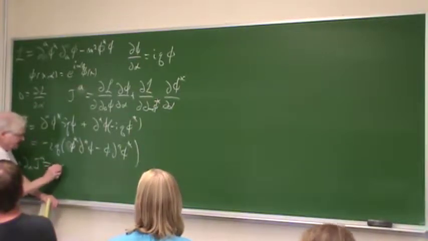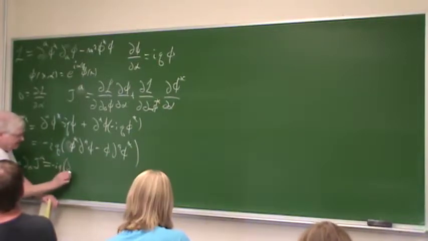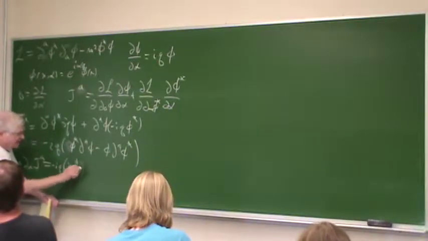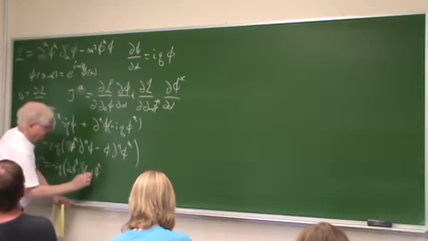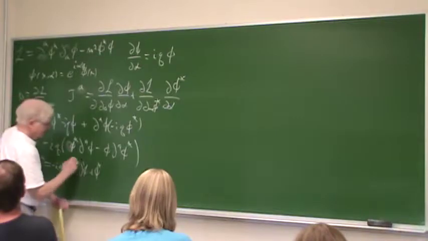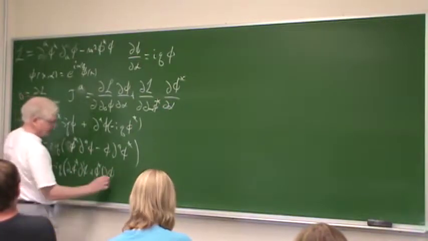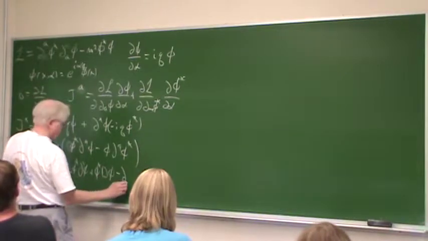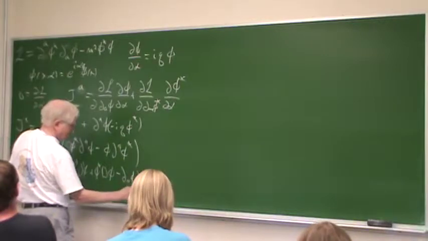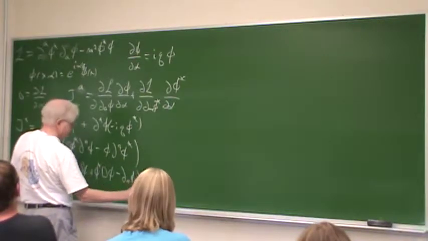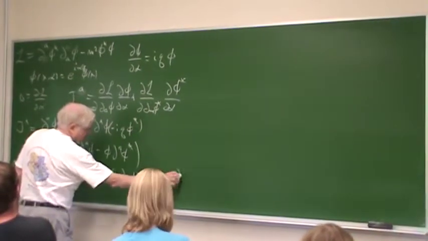So this is minus IQ, and now we have the d^A coming through, and we have d_A phi star, d^A phi, plus phi star d lower A, d upper A, that's what we call box phi, minus d lower A phi, d upper A phi star, minus phi box phi star.